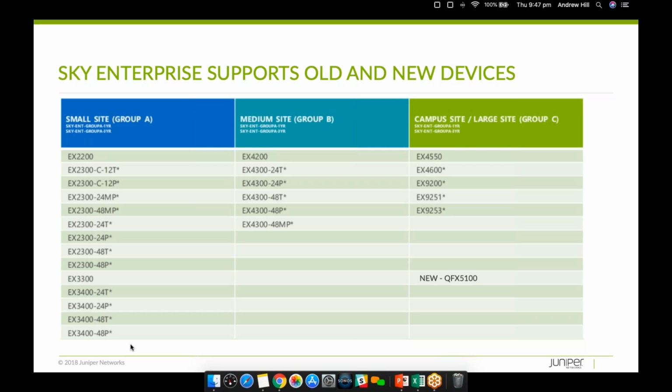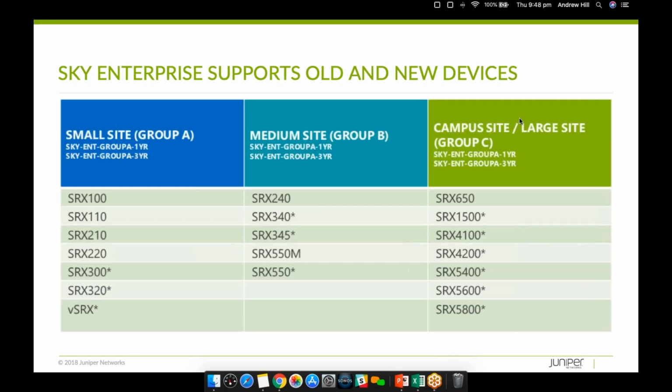The ones with stars are supported, but if you look at the recommended ones, you'll see they're all the new devices. So with those new devices, you're more likely to get the latest Junos code, which has ZTP and things like that. And that's why they're recommending new devices be purchased with Sky Enterprise. As I said before, Sky Enterprise supports all these older devices just as well as it supports the other devices.